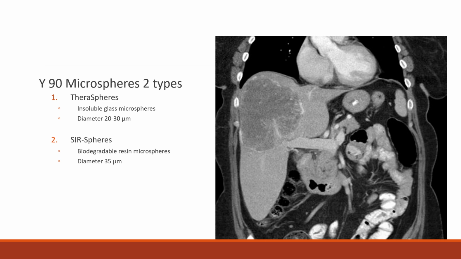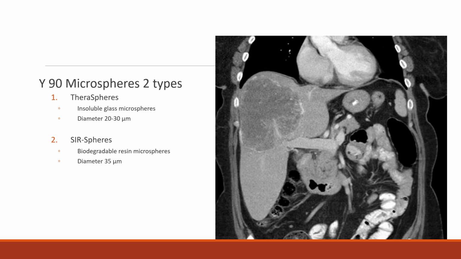These operate in a twofold manner. For one, because they are microspheres, notice the size of them. They are big enough that they will occlude the blood supply to the tumor. Liver tumors are highly vascularized and they have a really, really complex blood supply where you have mixing of arterial and venous blood, and you'll have these very tortuous, convoluted blood supplies because the cancer is having angiogenesis.